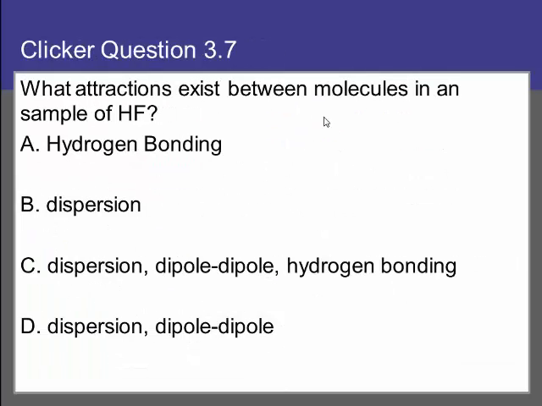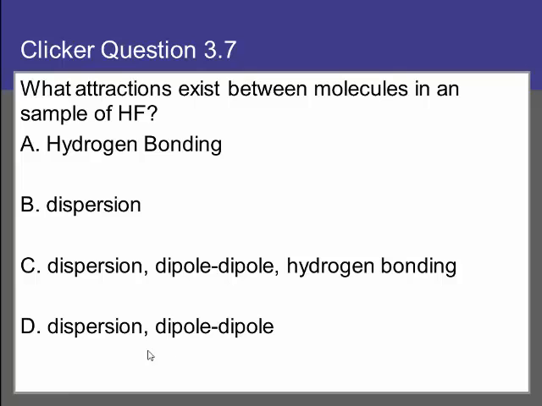Clicker question 3.7. Which attractions exist between molecules in a sample of HF? Okay, so answering one of these questions, it's a molecule, so it has dispersion forces. That's always going to be true. There's always going to be dispersion forces present in any molecule. Is it a polar molecule? Well, H and F have different electronegativities, so yes, it is polar.